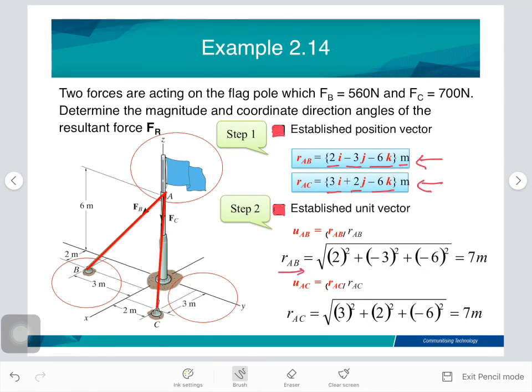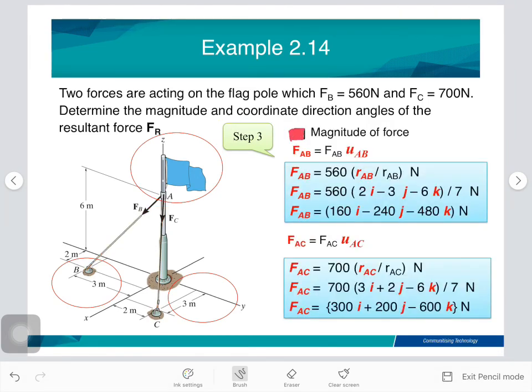You get RAB is 7 meter, and RAC is also 7 meter. Now you can divide this vector with this magnitude, and RAC also with its magnitude, to obtain the unit vector AB, then AC.